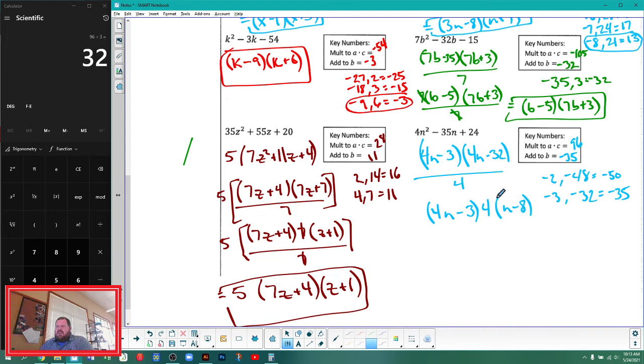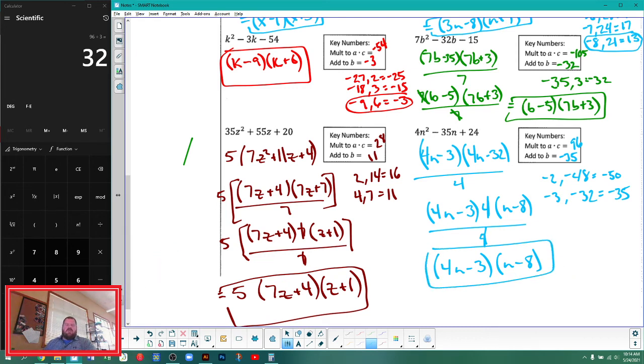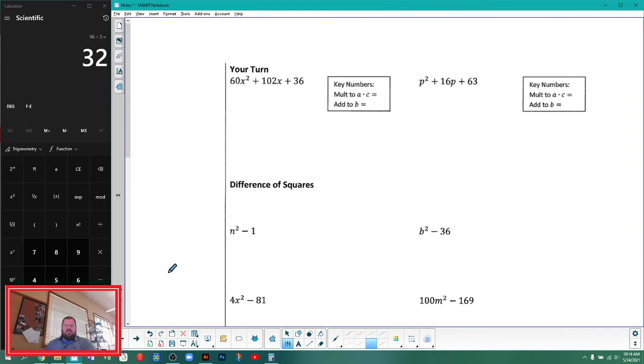If I distribute that 4 in there, I'd get 4n minus 32. And I'm dividing it by 4. Those 4's cancel, and I get 4n minus 3 times n minus 8. And there we go. Okay, let's go ahead and turn the page and look at a couple more.